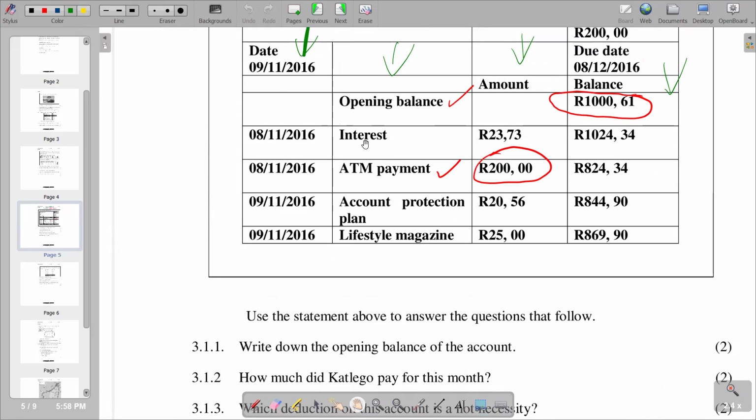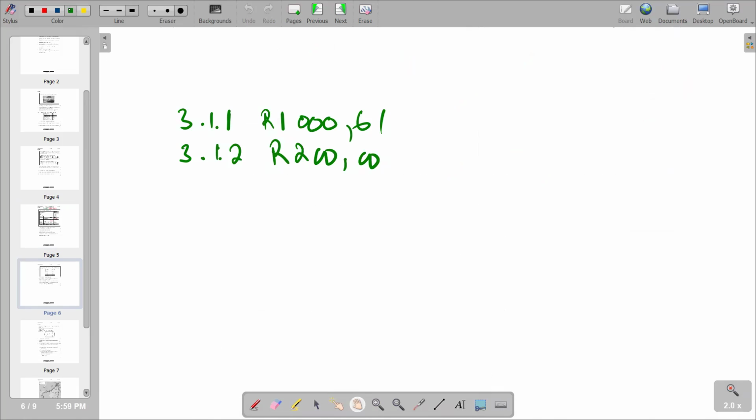Remember, the account protection plan is needed since it's giving security. We have the ATM payment, and obviously we have to use the ATM. The one that is not a necessity is the lifestyle magazine. So we indicate lifestyle magazine on 3.1.3.